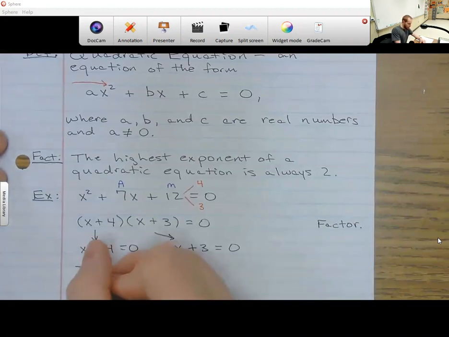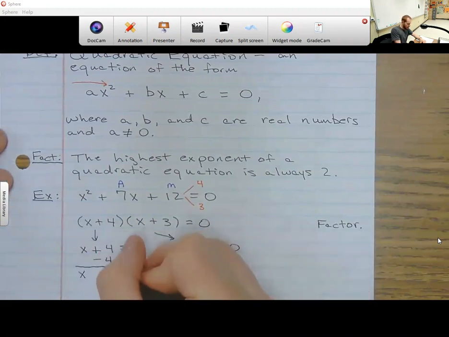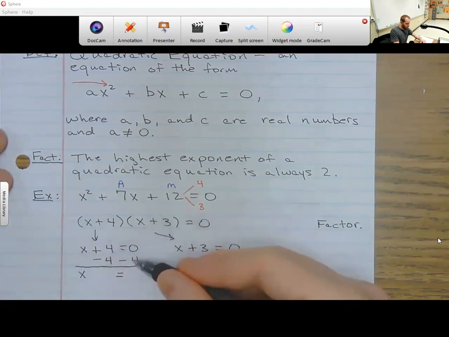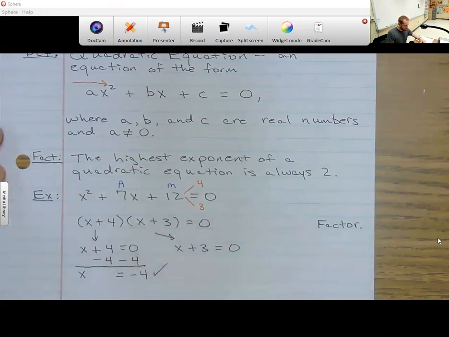So the x comes down first. The plus 4 and the minus 4 cancel each other out, so I don't have to worry about those. And then on the right side, I have 0 minus 4, and we know that 0 minus 4 is going to give us negative 4. So that's going to be the first answer.